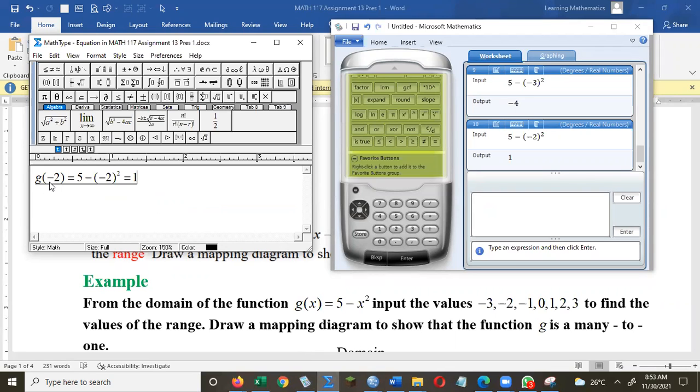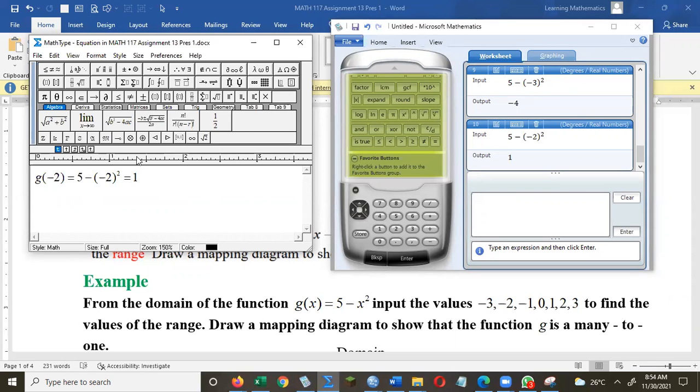Well, g of -2 is equal to 5 minus -2 squared. That is equal to 1. If I want, I can put it on one line like that: g of -2 is equal to 5 minus -2 all squared, and this now is equal to 1.